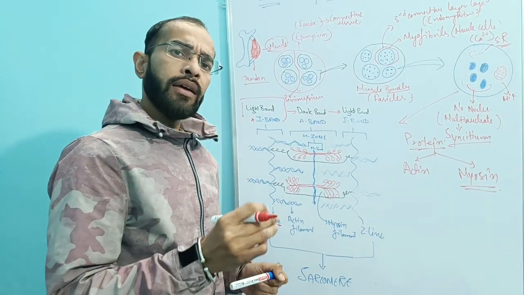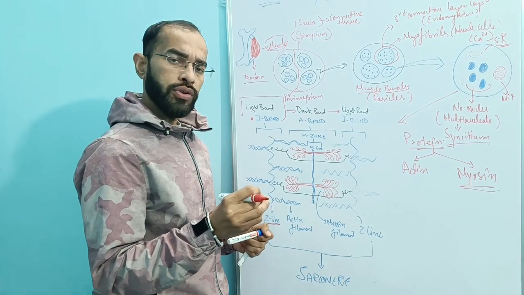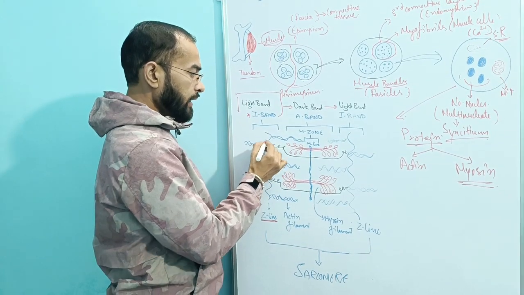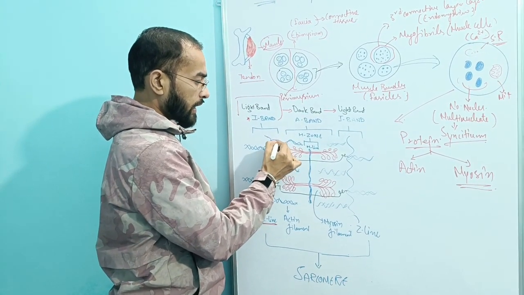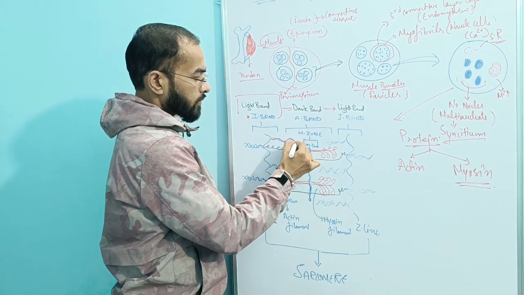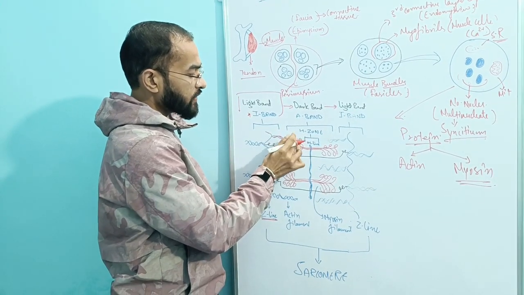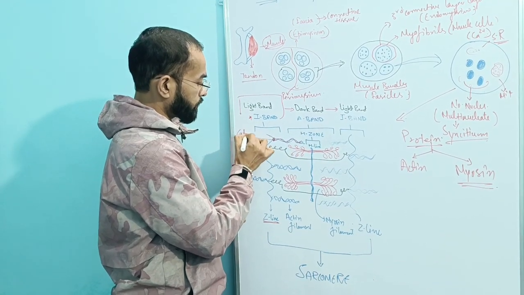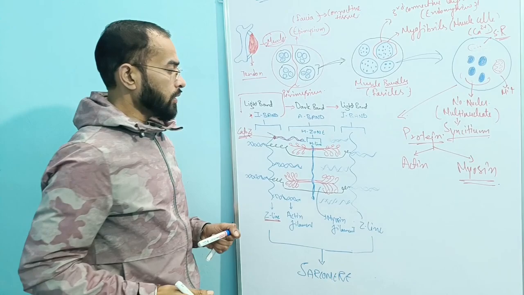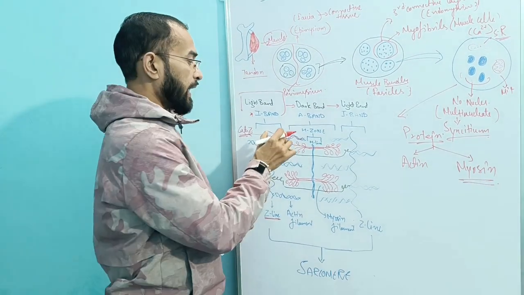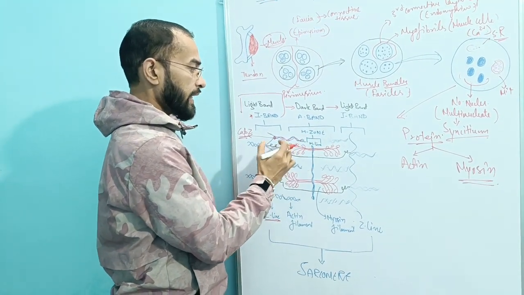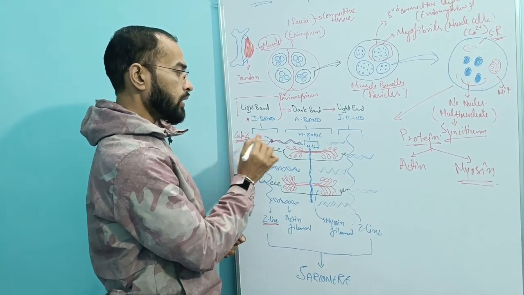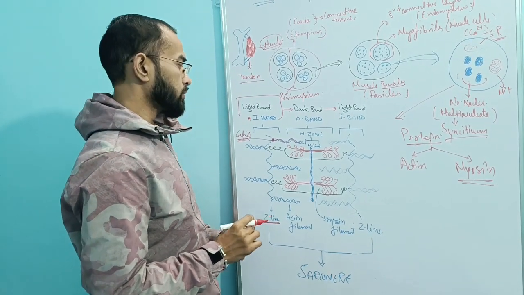Z line is also a disc of protein which is formed by the actin itself, and it enlarges in the center, or it gets attached with the actin filament through a protein known as cap Z. We simply say that the actin filament from both sides, right and left, is joined with a Z disc through a cap Z protein.